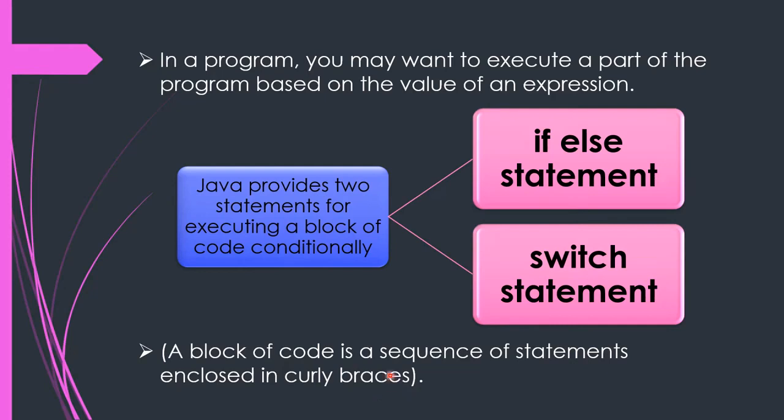This is the identification of a block of code. Sometimes we also write without curly braces. Whenever we want this block of code to be executed only on the basis of a certain expression or value, we are going to use any one of these statements as per the requirement.